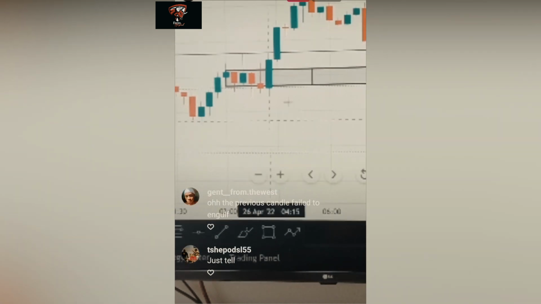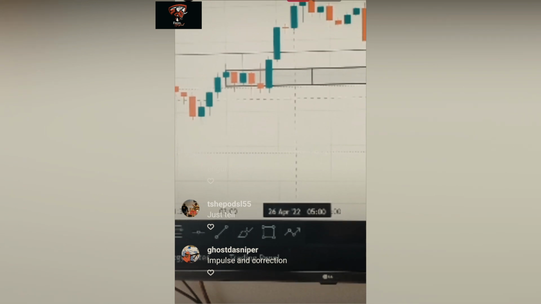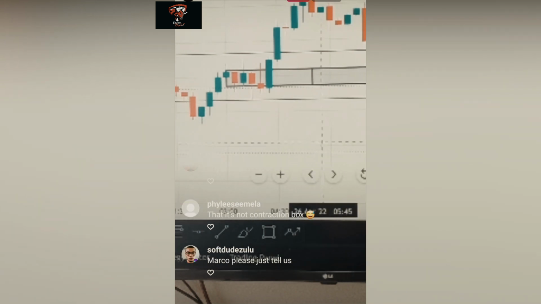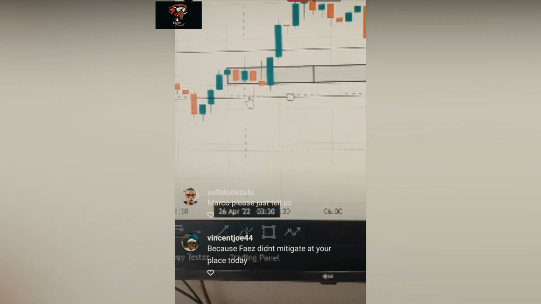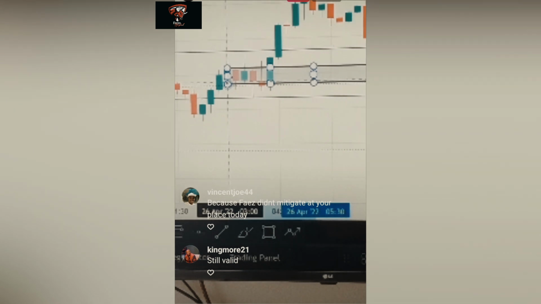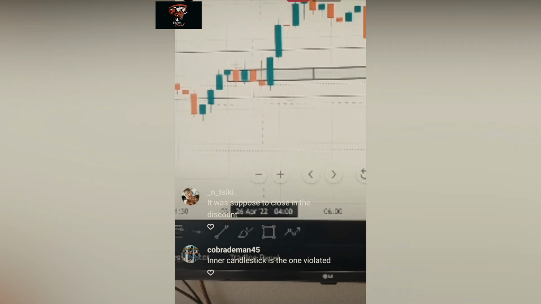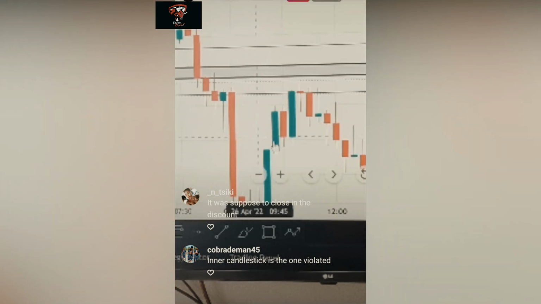There was a range, and in between that range, 50% would be the contraction taking place. That unfortunately didn't take place over here.